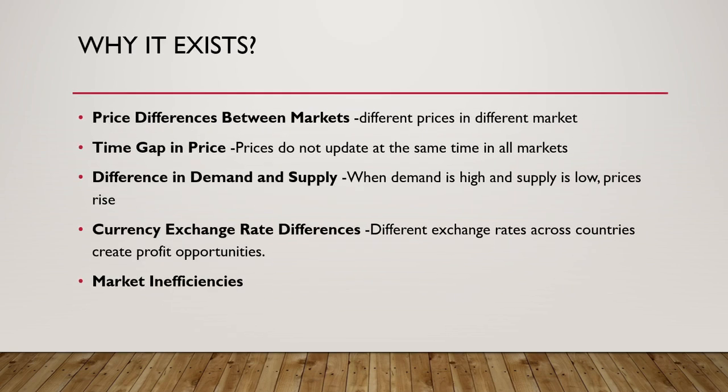So why does it exist? The first point is price differences between markets. There are different prices in different markets. We can take the example of the share market. Reliance share in NSE is 10 rupees, whereas in BSE it is 12 or 13 rupees.